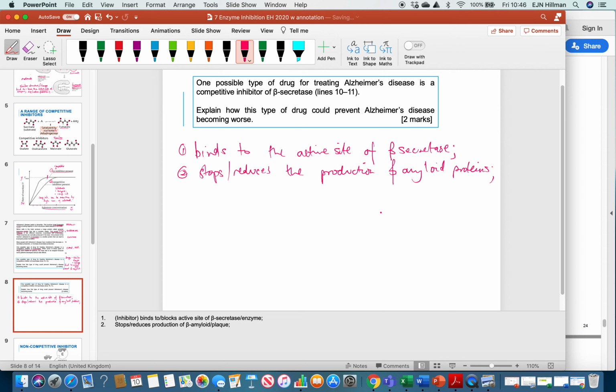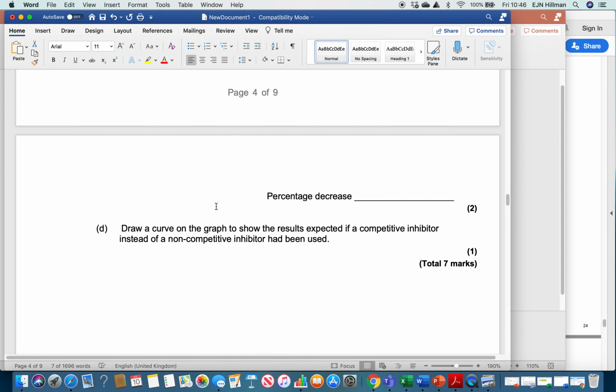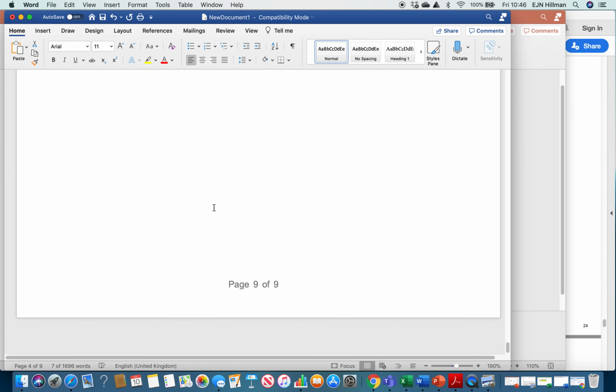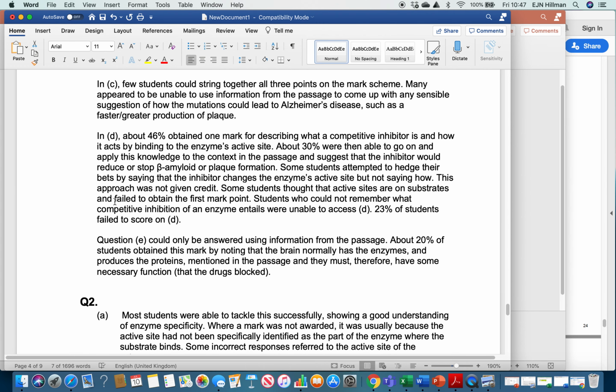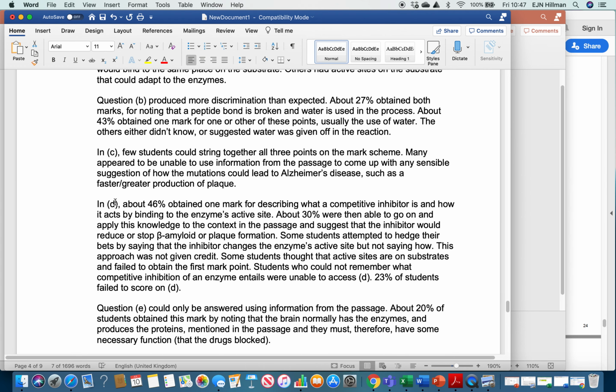For the second mark. Okay, so that was perhaps quite daunting for some students that completed that question. And in fact, if we have a look at the examiner's report for that question, 46% obtained a mark for the competitive inhibitor.